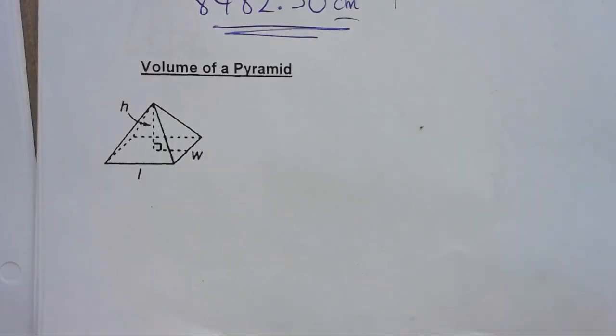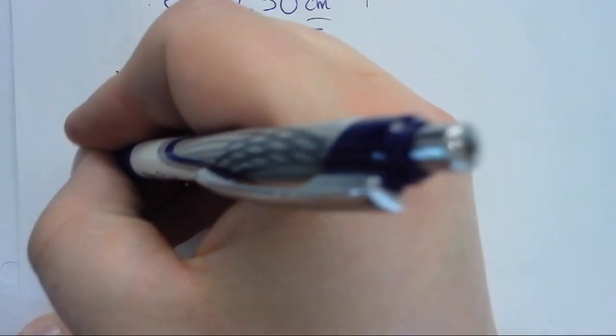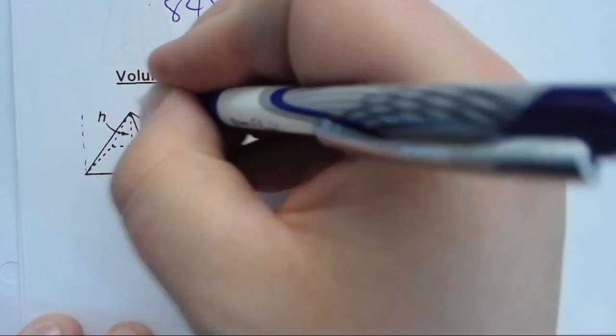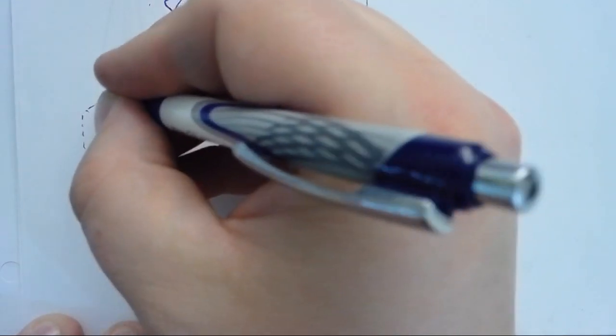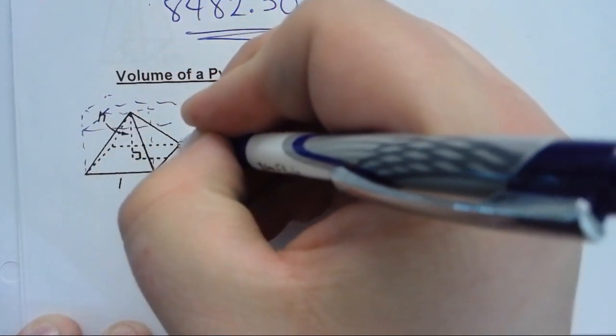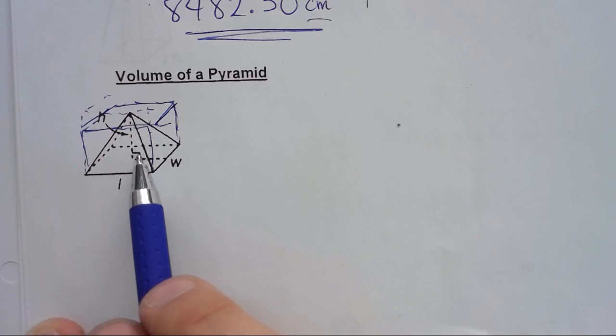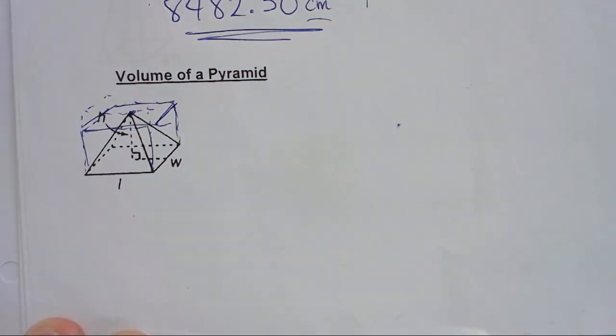Okay? All right, let's go to pyramids. We did a little activity before we started the video where I showed by pouring some water that there's an interesting relationship between a pyramid and a prism that it exactly fits into, where the apex is right in the middle of the roof.